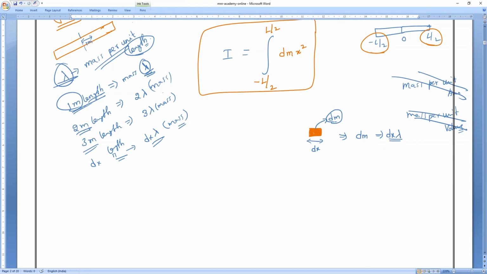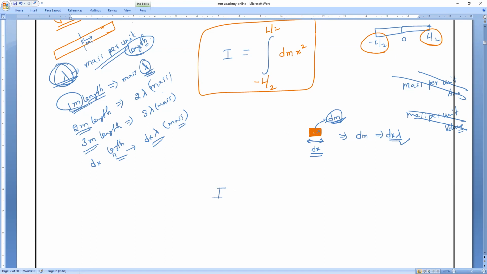So the mass of this particular particle is dm, which equals dx into lambda. Length dx into lambda, where lambda is the mass per unit length. So that is only called dm.